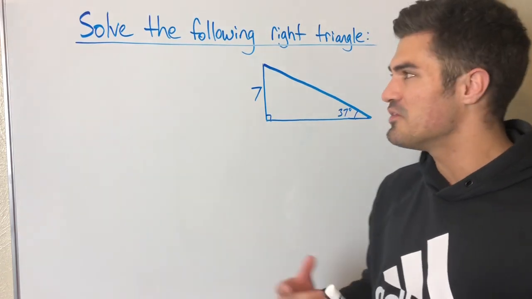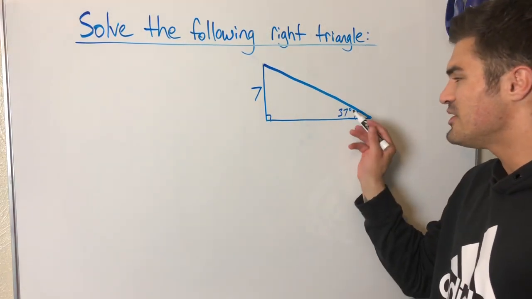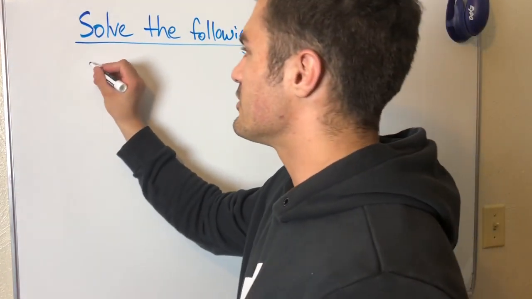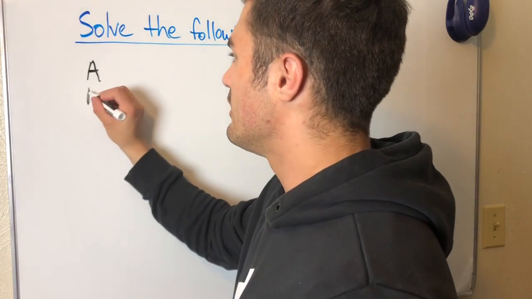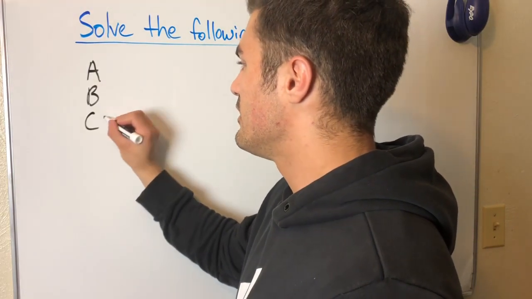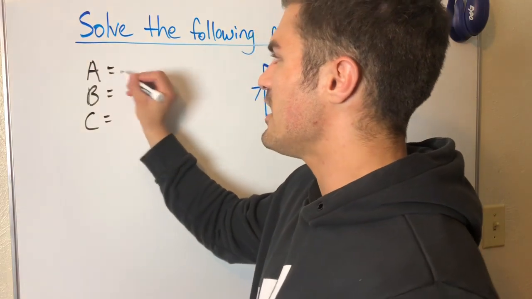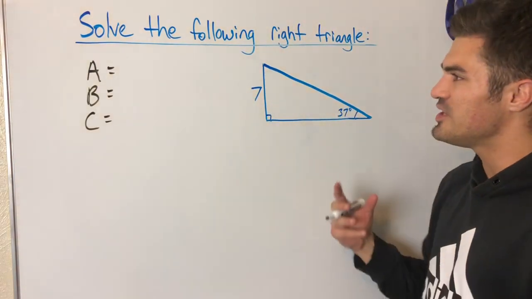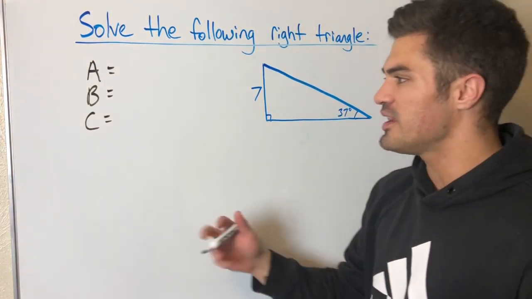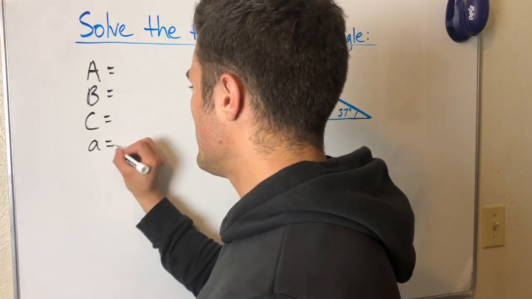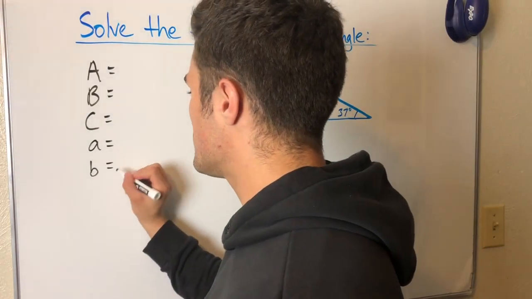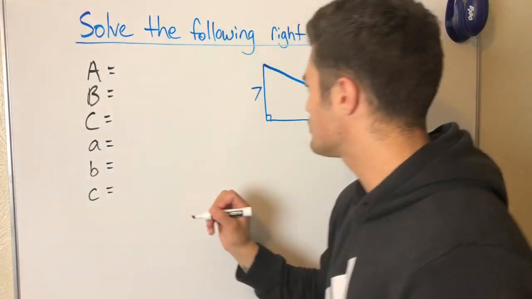So typically what we do by convention is we label the angles as capital letters. So capital A is angle A, capital B is angle B, and capital C is angle C. And we label the sides as lowercase letters, and the side is always across from its angle. I'll show you what I mean by that.